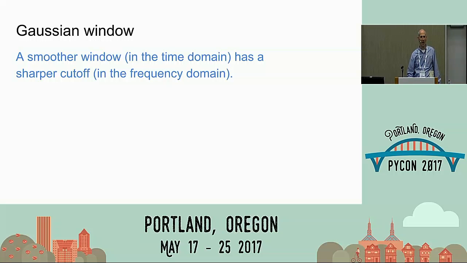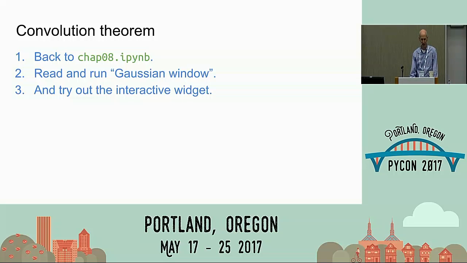Instead of a boxcar, which is this rectangle that cuts off sharply at the corners, I'm going to use a Gaussian window, which is a nice smooth curve that has a bump in the middle, and then it tails down to 0 with nice smooth tails. And my conjecture is that a smooth window in the time domain will correspond to a nice clean cutoff in the frequency domain. And if you go back to the notebook, chapter 8, there's an interactive widget all the way at the bottom that will let you play around with this.